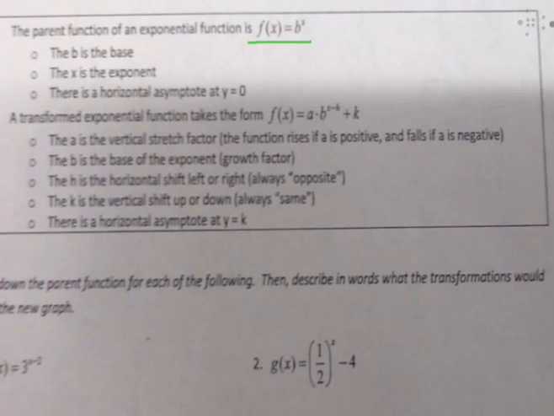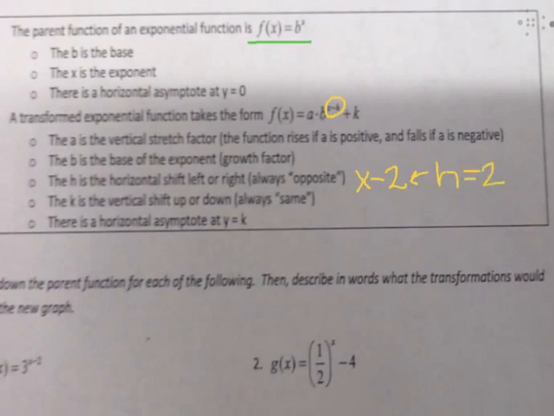Next part, h and k. This is kind of like how it is in vertex form. We did that briefly when we were in our quadratics unit. When we're talking about vertex form, the value of h is always the opposite of what's in the problem. So if you had something like x minus 2 in the exponent, the h value here wouldn't be negative 2. It's actually going to be positive 2.